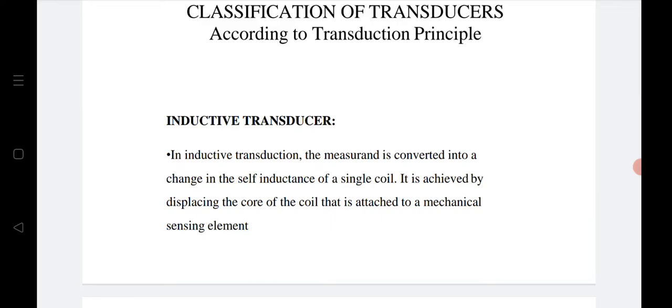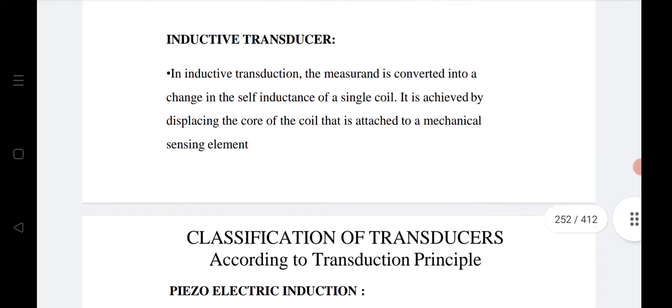It is achieved by displacing the core of the coil that is attached to the mechanical sensing element. So the measured physical quantity is converted into the self-inductance of a single coil.